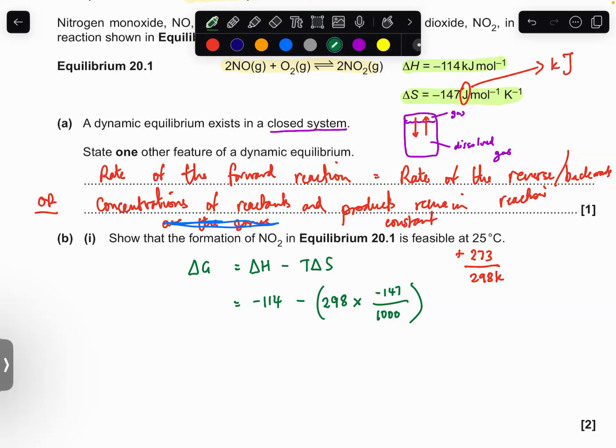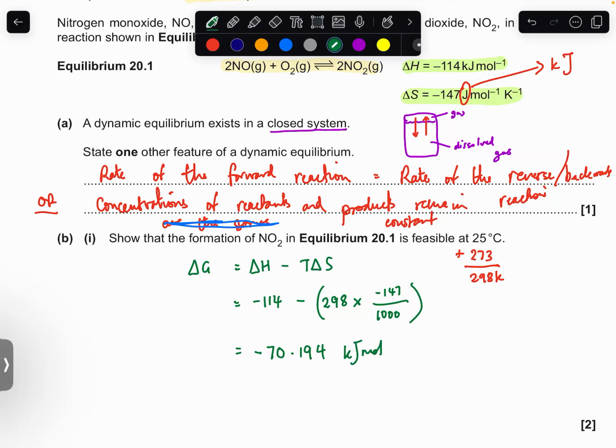This gives, let's work this out, minus 70.194 kilojoules per mole.